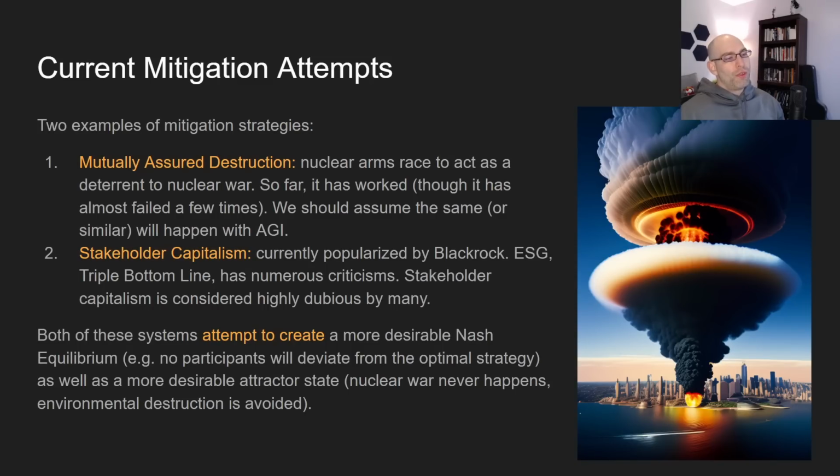Okay, so there are a couple of existing mitigation strategies that people are trying to use to avoid the dystopic or extinction outcome. When you're looking at it in terms of attractor states, dystopia is one where basically everyone is miserable, right? Or outright extinction.